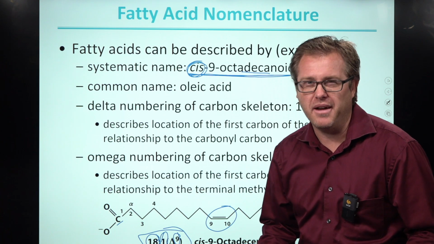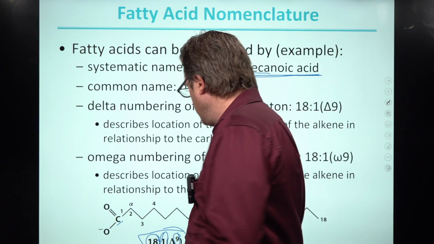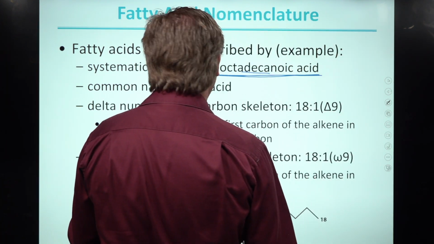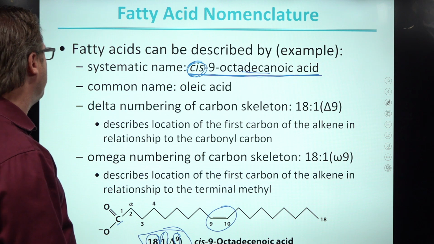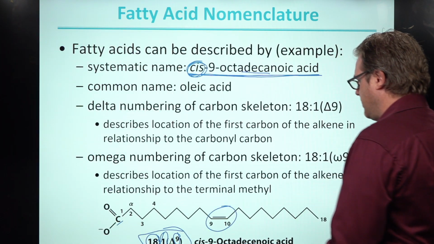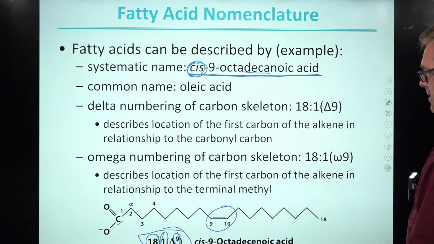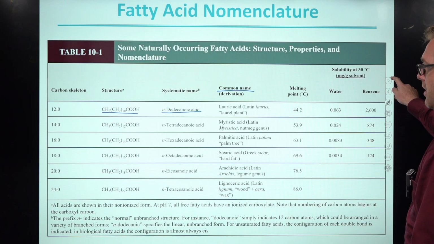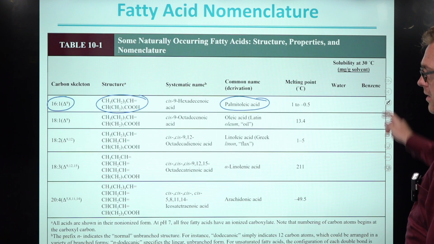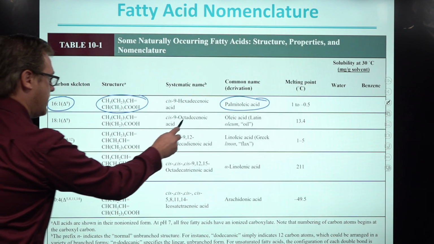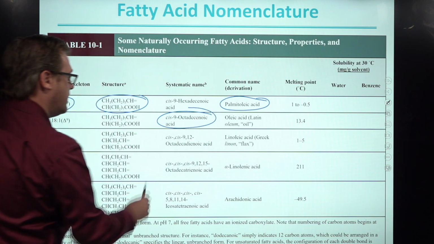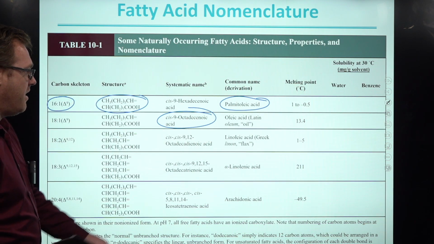Would you be able to name this whole thing right here? I'm not too worried about it. Or what is its common name? Does this one have a common name? Let's see. 18:1 is the systematic name that we just found.